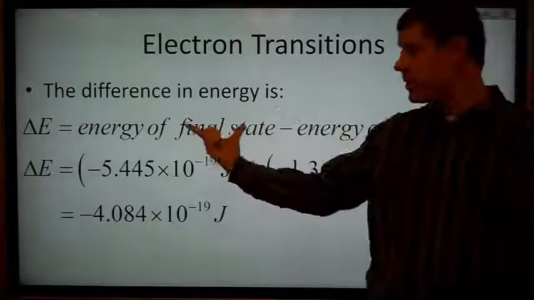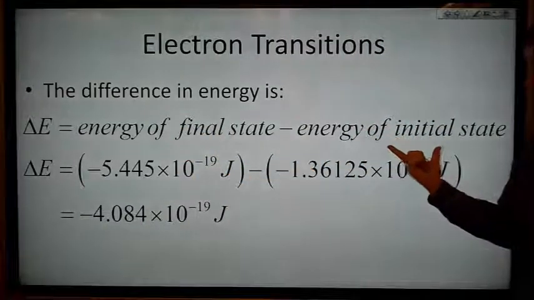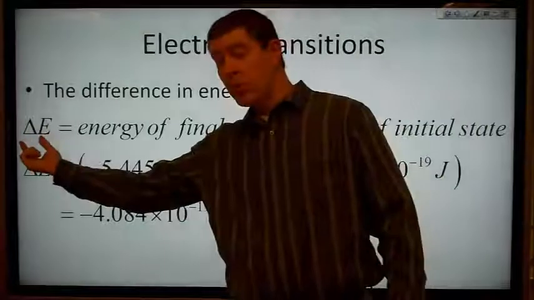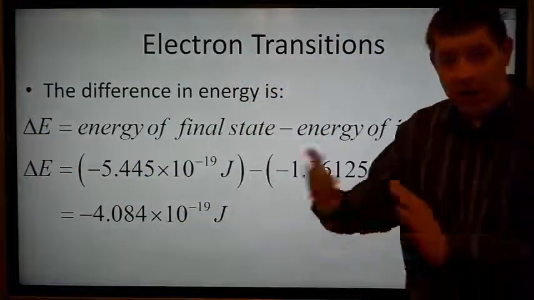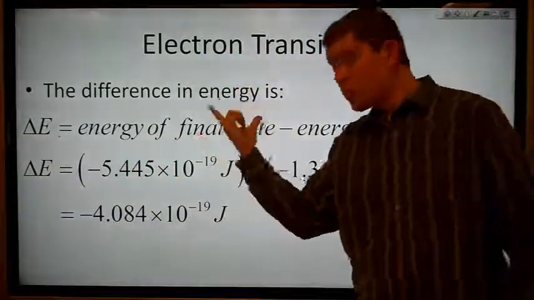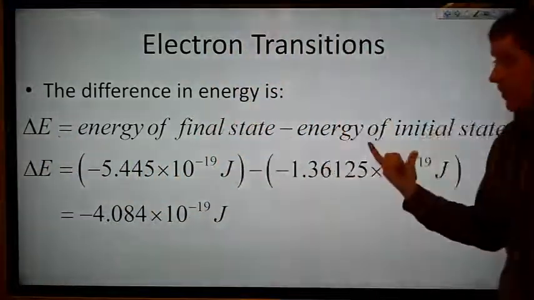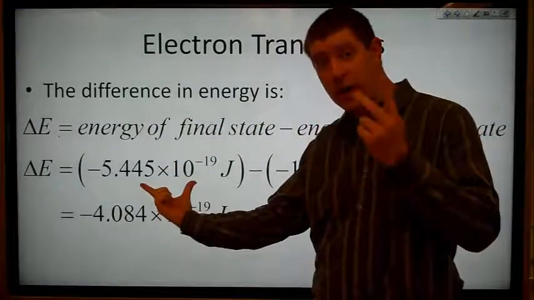The difference in energy then is the energy of the final state minus the energy of the initial state. So this symbol delta always means a change in whatever comes after it. So change in E, change in energy, it's always final state minus initial state. So the final state was the second energy level because we went from 4 down to 2.